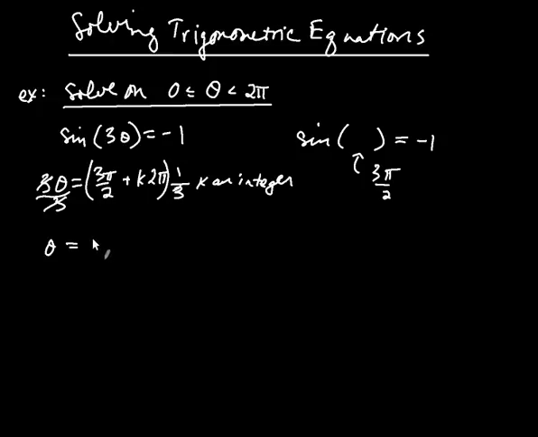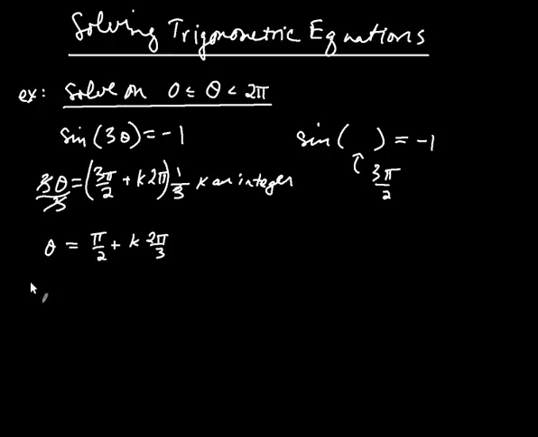So you're going to have pi over 2 plus k2 pi divided by 3. So let's write that as k times 2 pi over 3. Now k is still an integer. And so what we're going to do now is think about the possible values of k for which the angle theta is still between 0 and 2 pi.